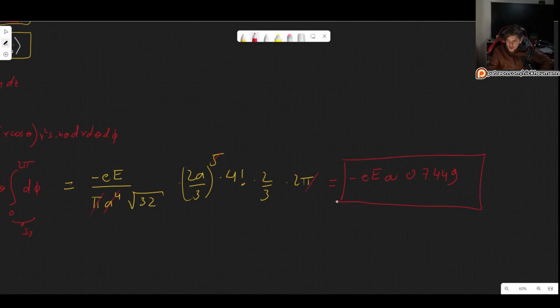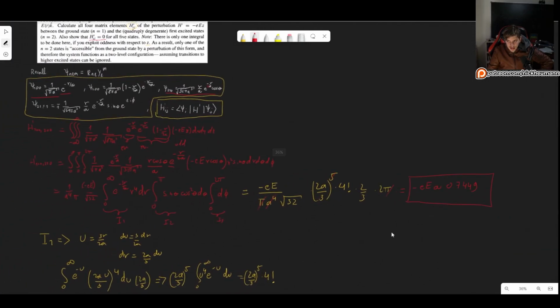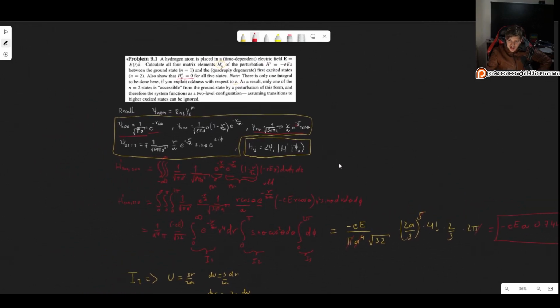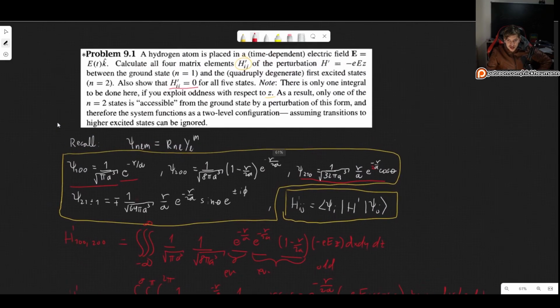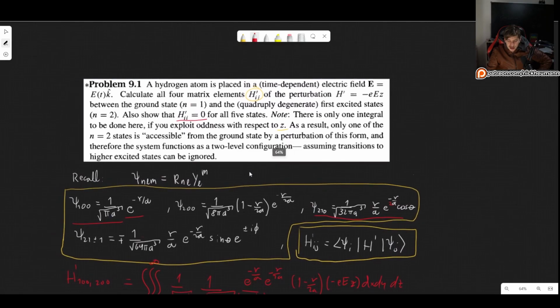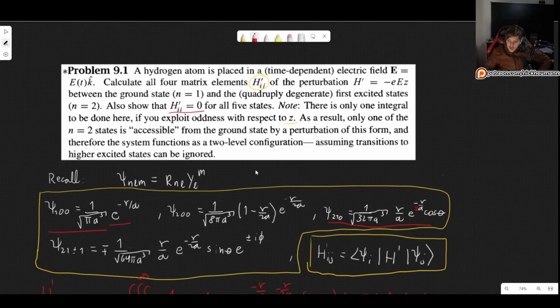Okay, so that is the value of that matrix element. And this also tells us, of course, and this is kind of where the interpretation comes in, that the only state in n equal 2 that is accessible from the ground state by a perturbation of this form is 2, 1, 0.